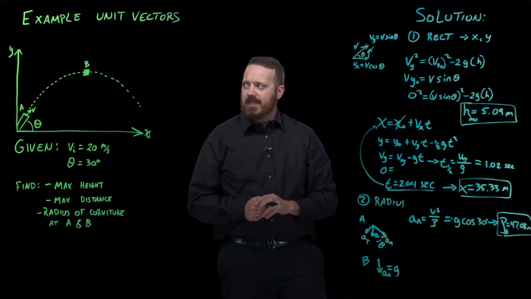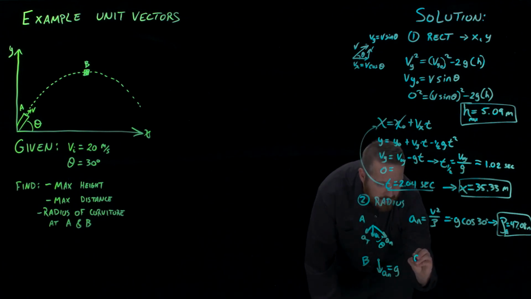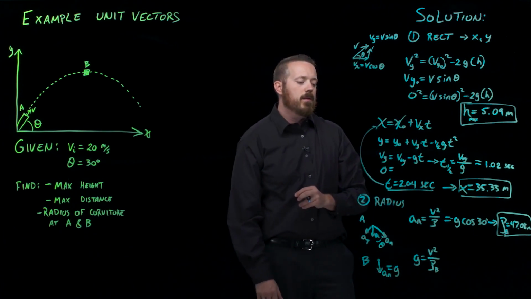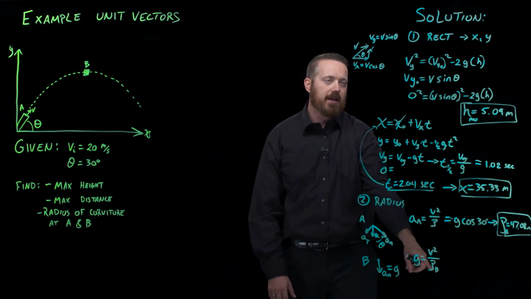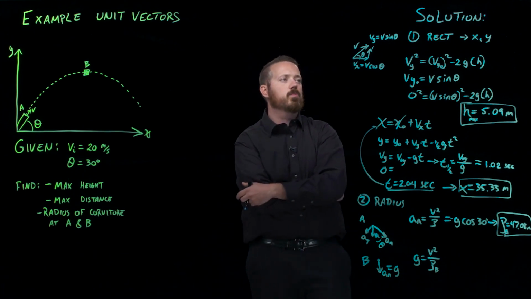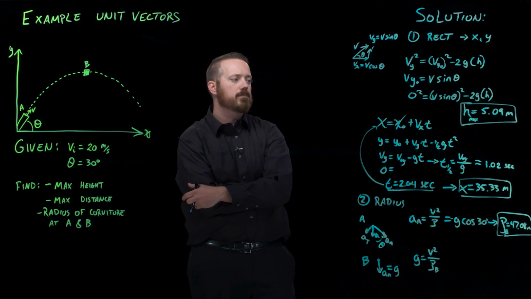So when we put those things together in the same frame, we know that now we've got gravity equals the velocity squared over our radius of curvature at B. Now our radius of curvature at B is what we're trying to find. And what we don't know is what is the velocity of this part when it's at B.